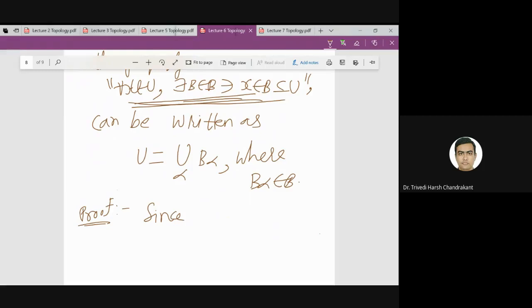So the proof of this converse is that, since for every x in U there exists some b, now this b depends on x. So I will call this b to be Bx because it depends on x. And then we have x belongs to Bx contained in U. I'm just relabeling the set b as Bx.